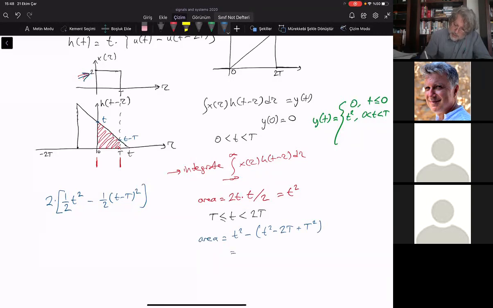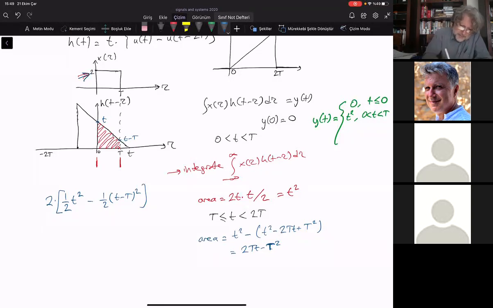And that will give me, t squares will cancel. It will give me 2 capital T times t minus capital T squared. Sorry, there is a times t here. I forgot, I'm sorry, while taking the square term. 2 capital T t minus capital T squared. That's the area.